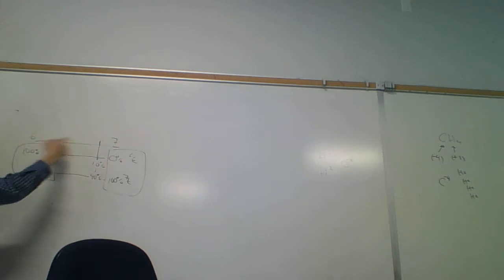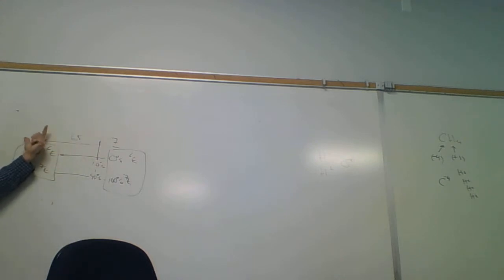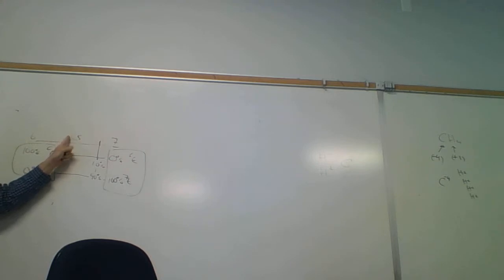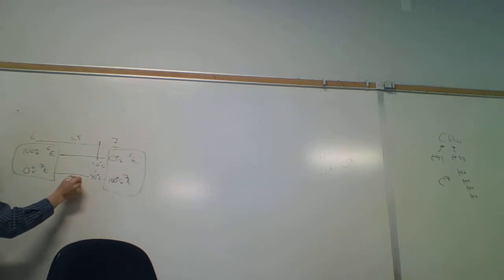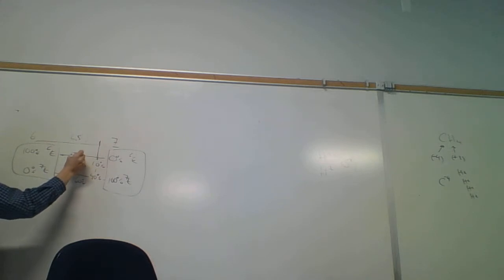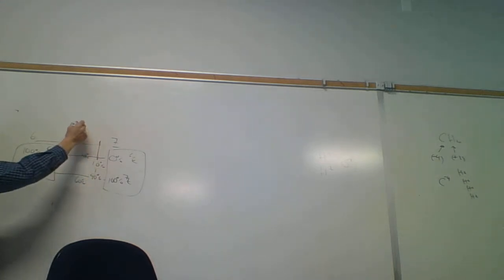If it's a 50-50 mix, what is halfway? 6.5. So if it's a 50-50 mix of 6 and 7, the average is going to be 6.5. That's 50% of the way across. If we're 60% of the way, what do you think it's going to be? 6.6. So that would be 60% 7, 40% 6. We're at 6.6.